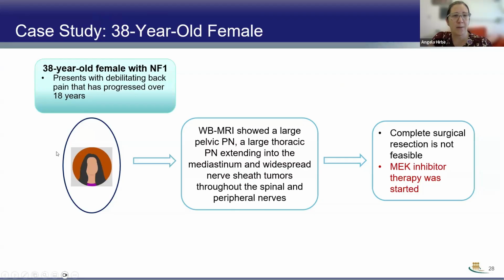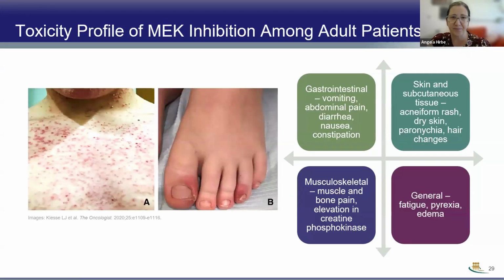So going back to our patient that we talked about, who had the very extensive plexiform neurofibroma extending along the mediastinum and the spine, where a surgical resection was not feasible. MEK inhibitor therapy was started for this patient. She did experience some of the common side effects, like the MEK inhibitor rash, which you can see here.